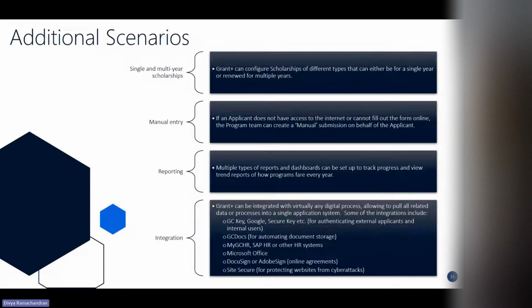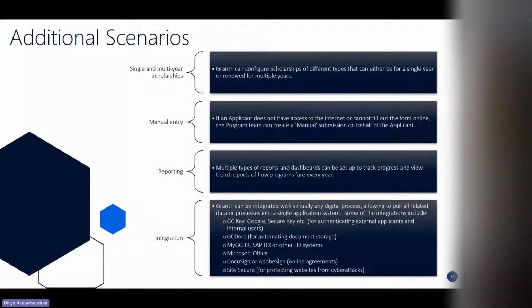Additionally, integration: there's a lot of flexibility in terms of how the system can be integrated with multiple other systems. So for example, GC Key, Secure Key, Google authentication can be done through different aspects. Document storage can be done outside of SharePoint. There can be something called GC Docs or any other storage application.